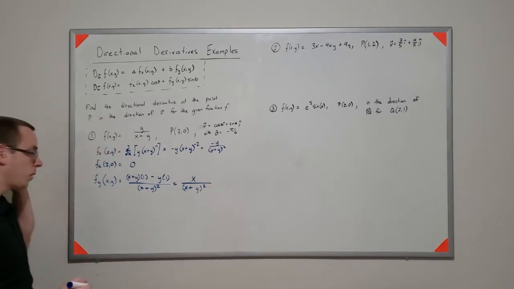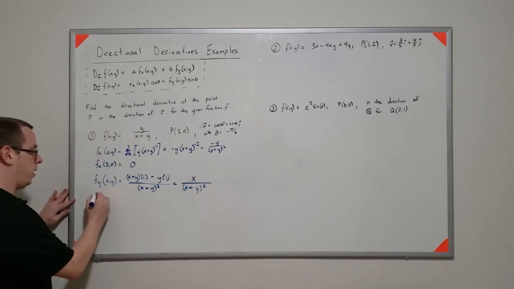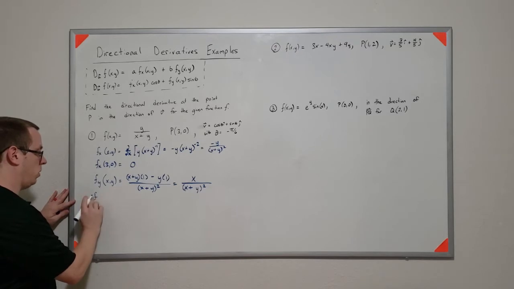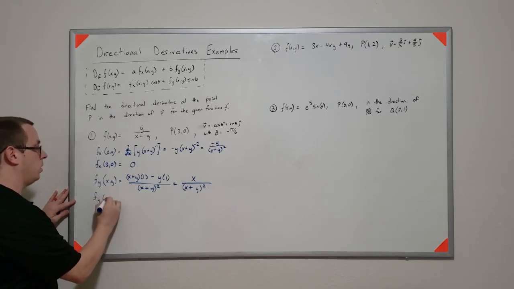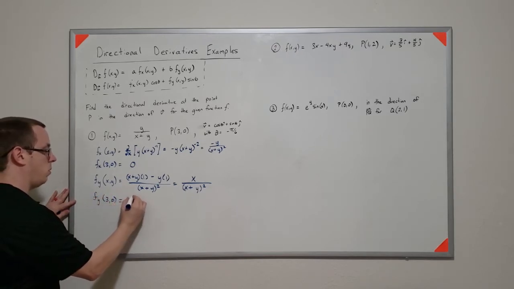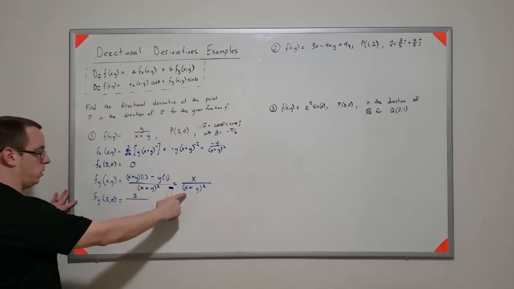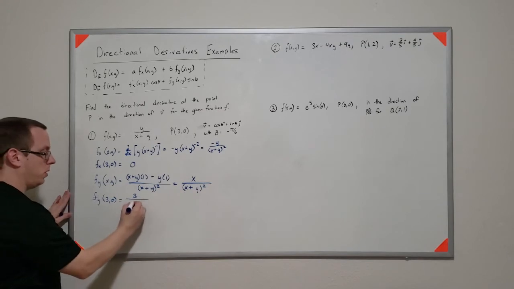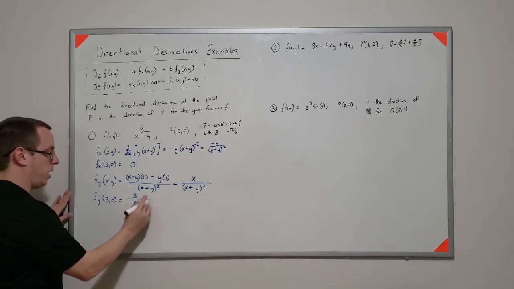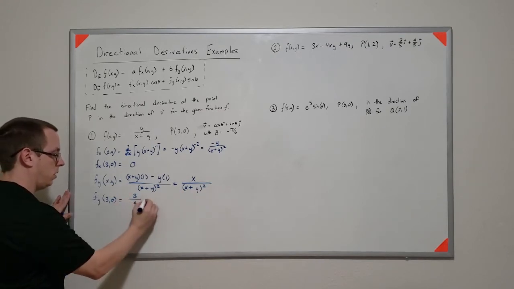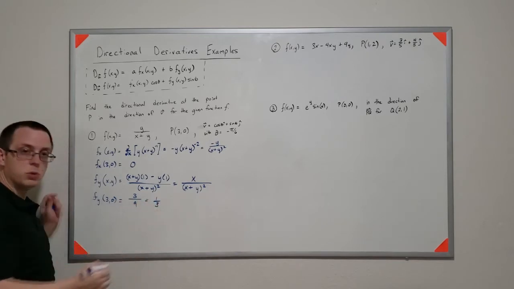Okay, so then we have to find the partial at (3, 0), which gets me 3 over 3 plus 0 squared, so 9, 3/9, which is really just 1/3.